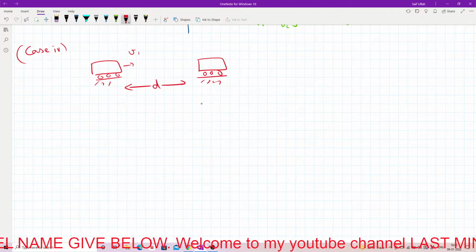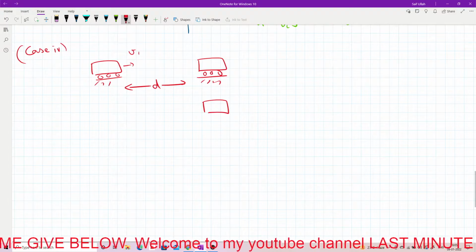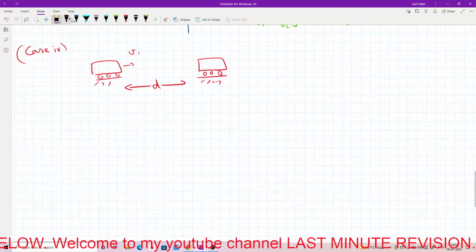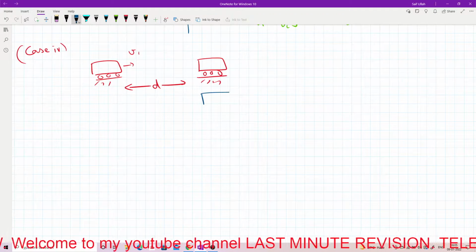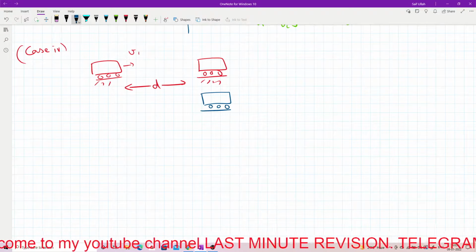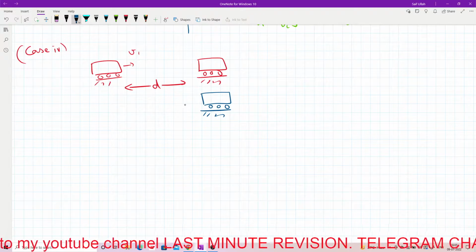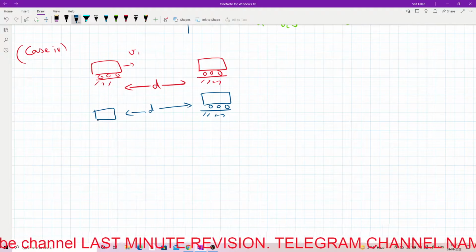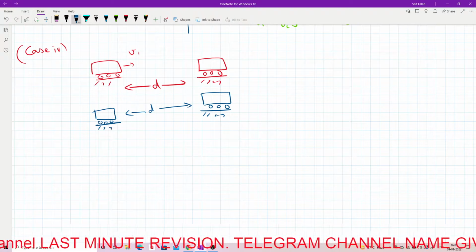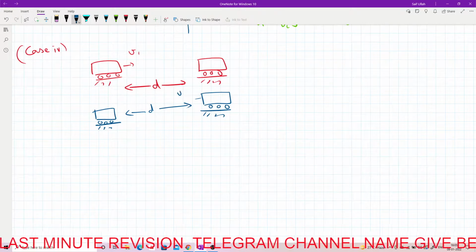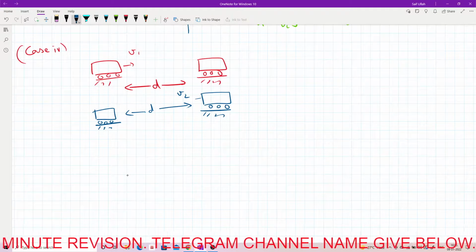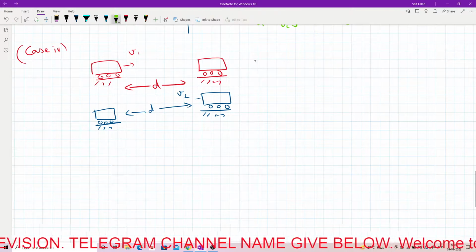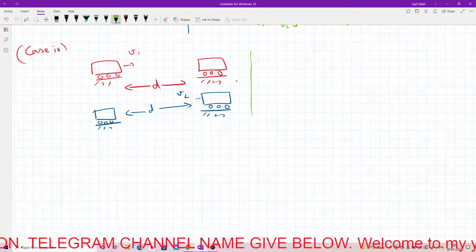Now the same vehicle is going to return back to its same position, covering the same distance d. The speed will be v2 here. Now we will find the average speed.